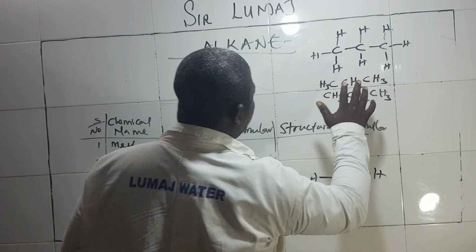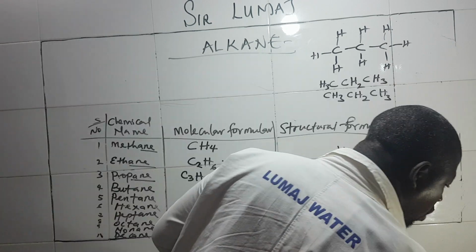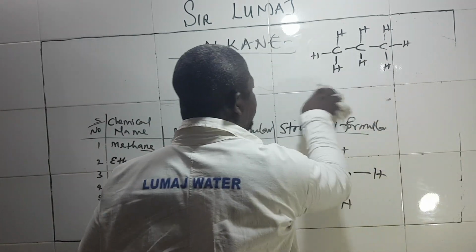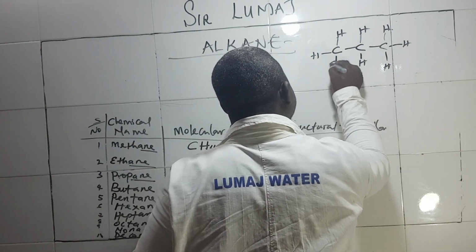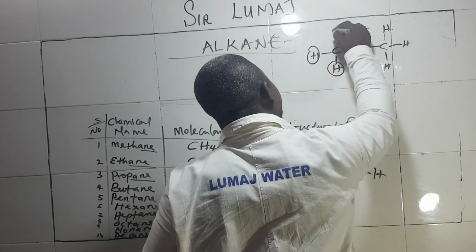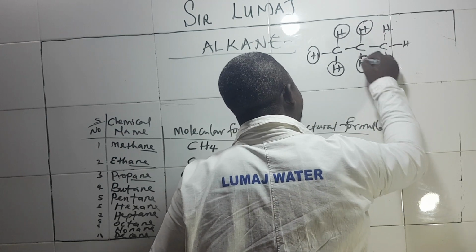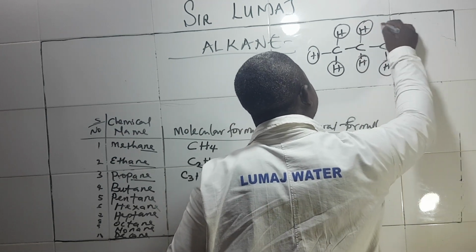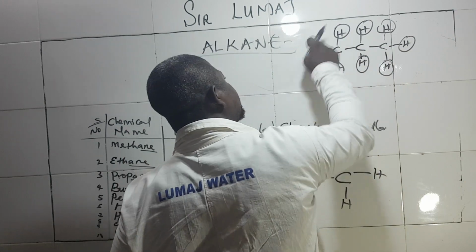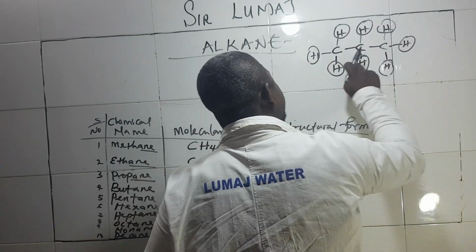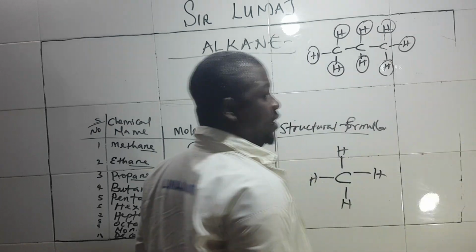So they have to obey the law of tetravalency. By the time we start talking about reactions, you will understand that. Here, they will only use this for their reaction. That's why I told us that alkanes undergo substitution reaction. You can't break this one. They only substitute with another atom to generate another one.